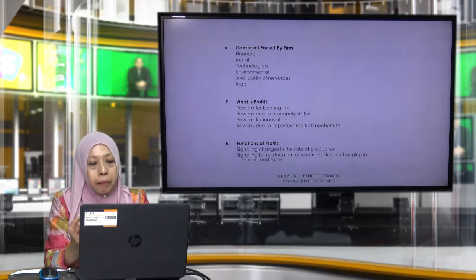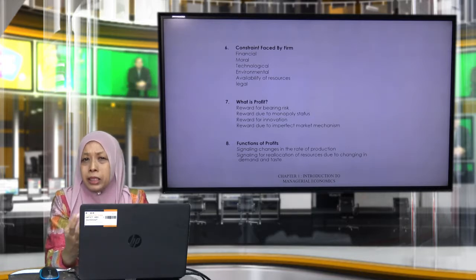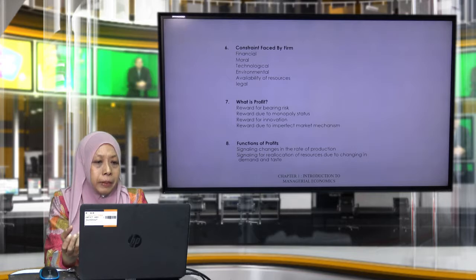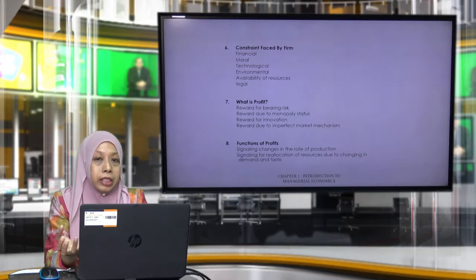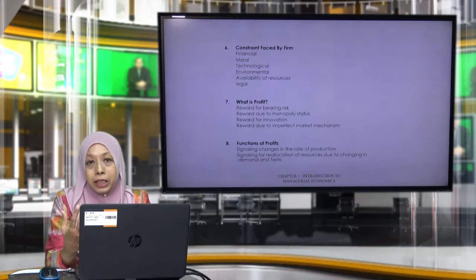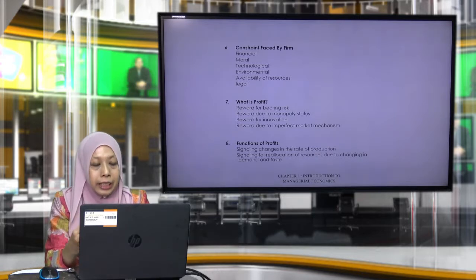Definitely the main objective of the firm is to get the maximum profit possible. But there are limitations faced by the firm. For example, they are given only $10,000 to spend on resources. They want to maximize profit, but they are facing a constraint in the form of budget. This is what we call a financial constraint.